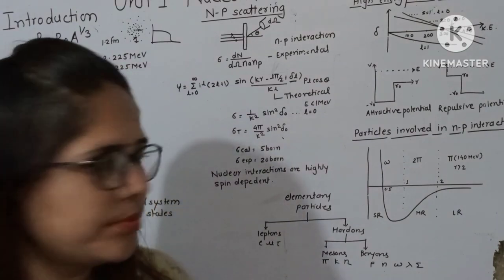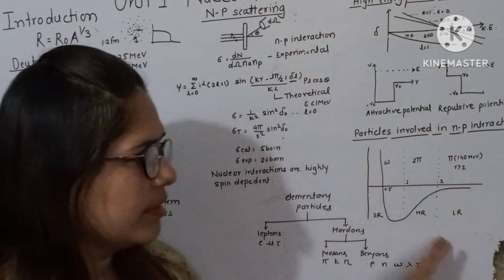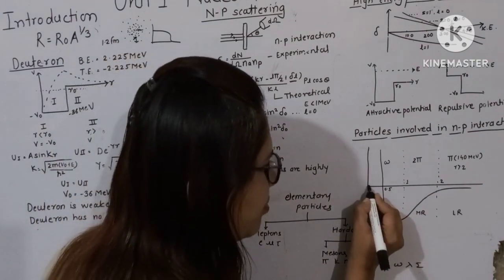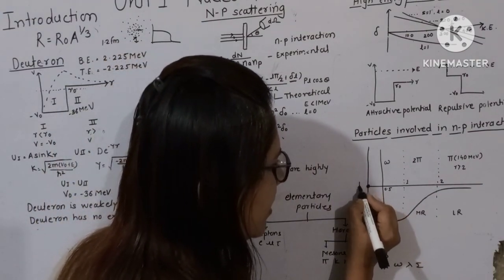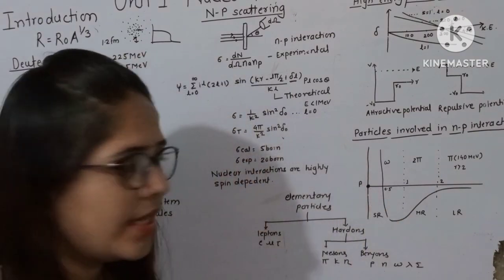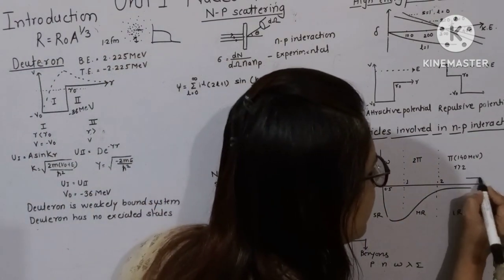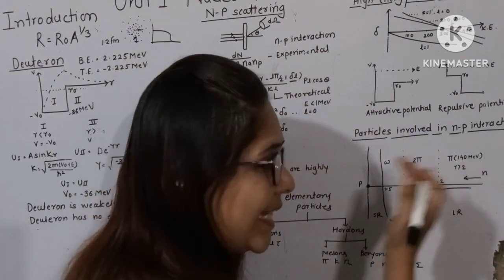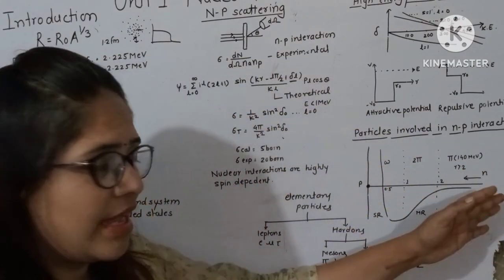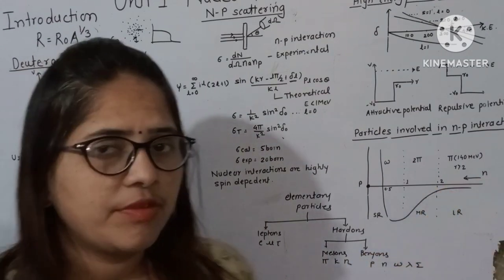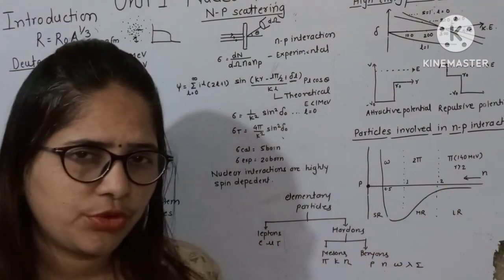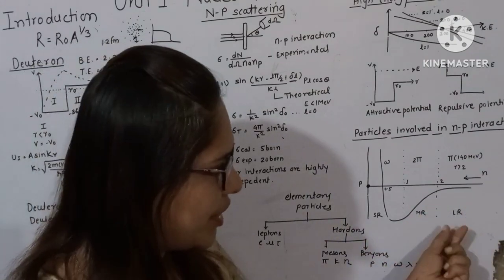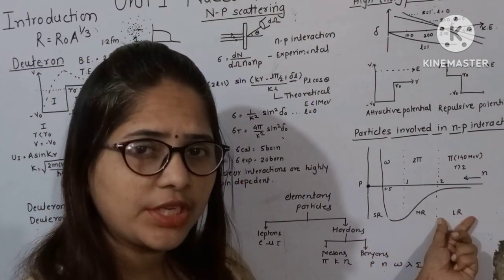Now see here. Suppose this proton is a target particle which is situated over here, and the neutron is coming. This is the incoming particle which has some kinetic energy. If the kinetic energy of the neutron is less, it can reach only into this long region.